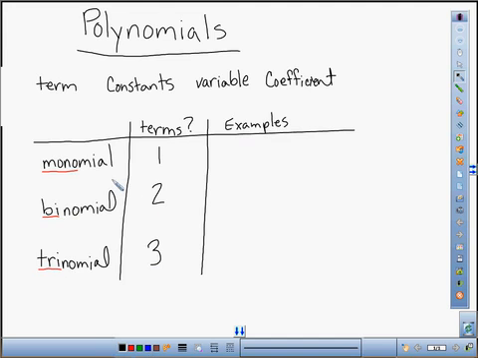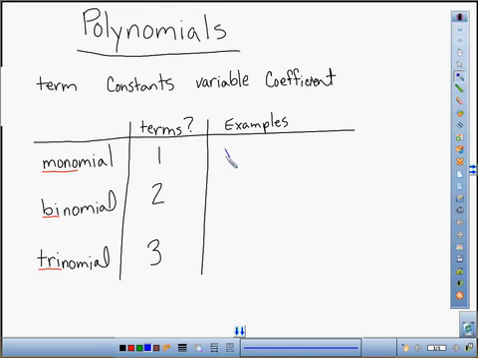Let's look at some examples. Now, a monomial does not mean that it can't have letters and numbers and bunches of letters. A monomial means it just has one term. A term can be made up of lots of things. Just remember that different terms are added and subtracted to one another. So if you have something that has no addition and subtraction in it, then it's a monomial.